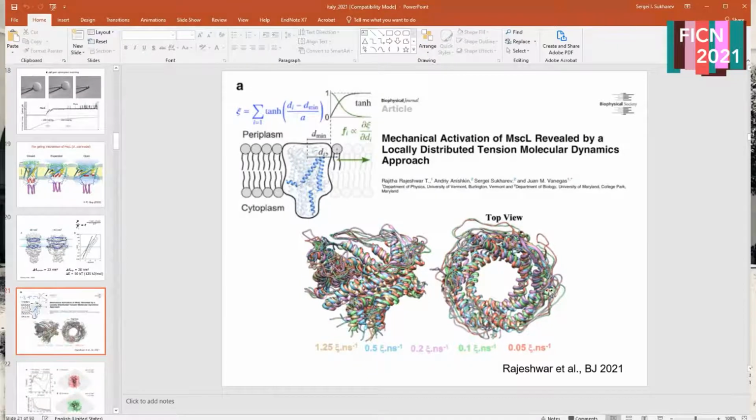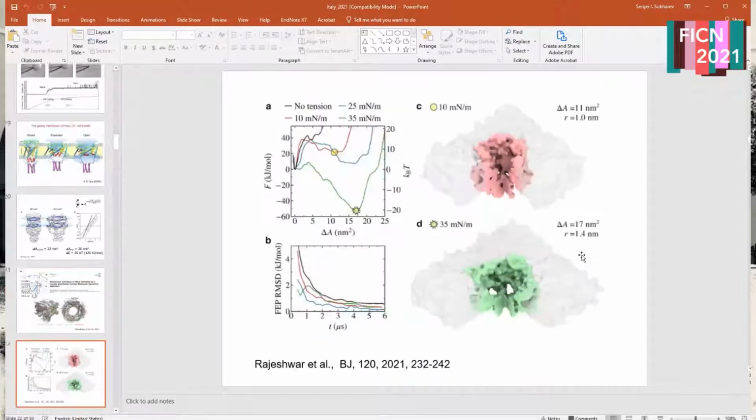And the channel reliably opens to a very similar state at different times. It can be simulated quickly, it can be simulated slowly. The outcome is the same.